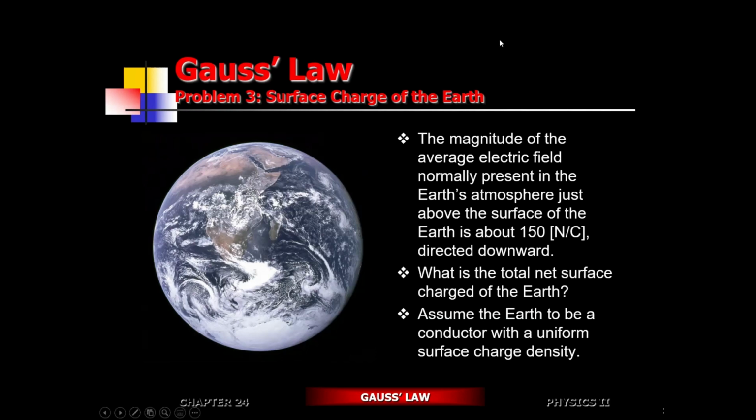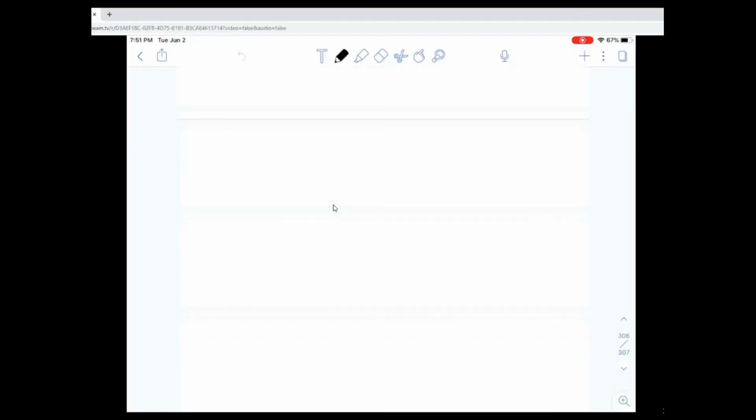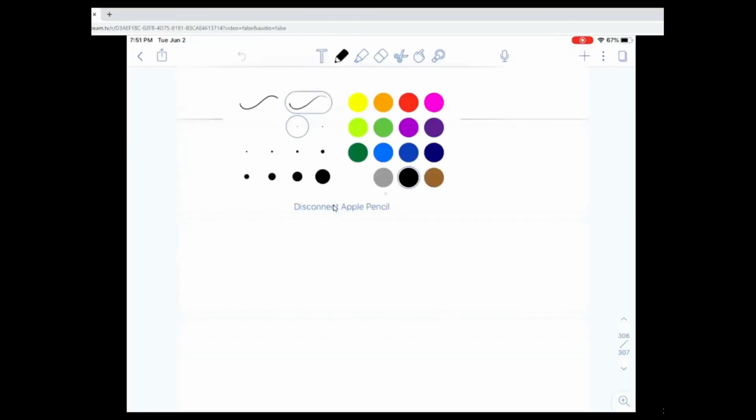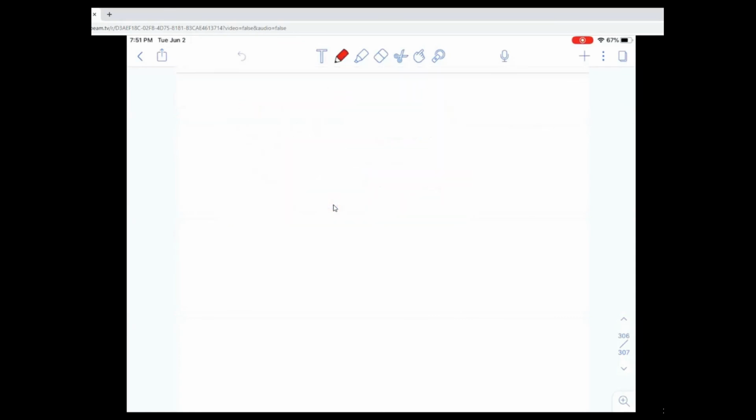So this is problem number 3 from the handout. All right, so let's do that problem, while the laptop is still connected. All right, so problem number 3.